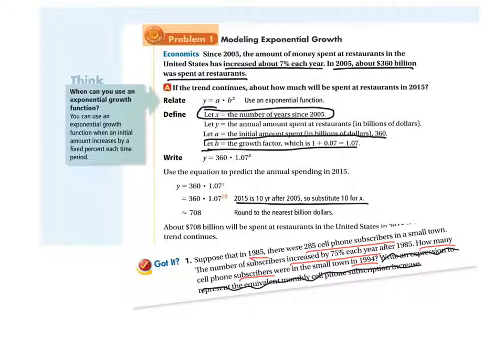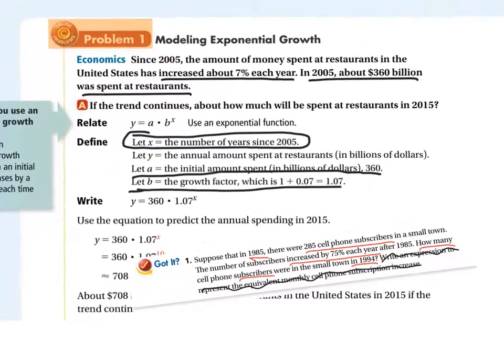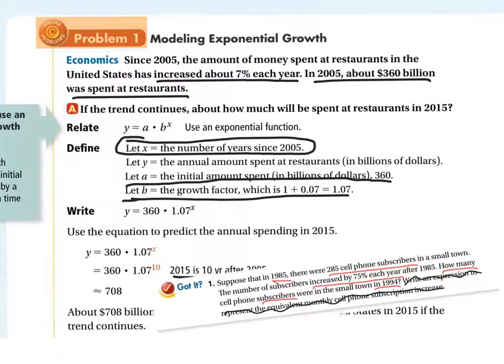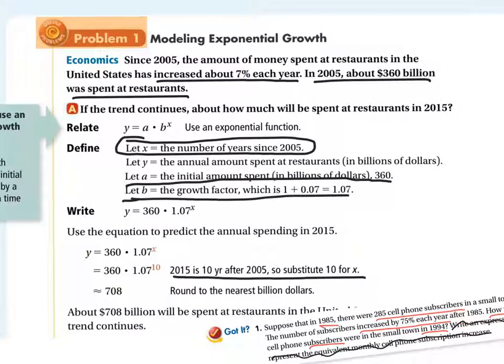So look at problem 1. Since 2005, the amount of money spent at restaurants in the United States has increased about 7% each year. In 2005, about $360 billion was spent at restaurants. So if the trend continues, about how much will be spent at restaurants in 2015?